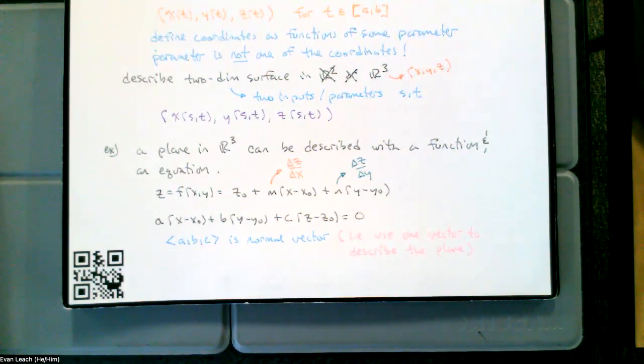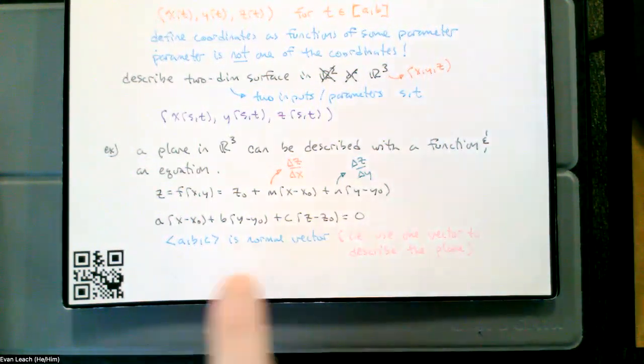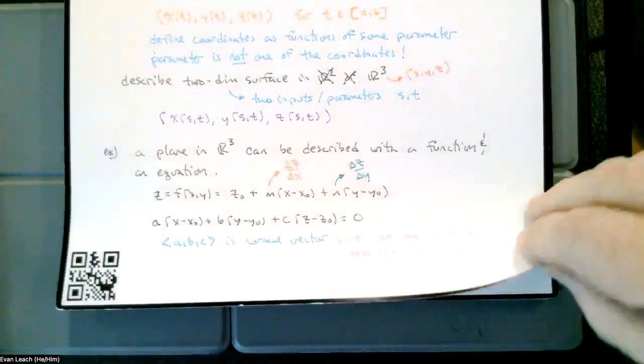Problem was, a plane is two-dimensional. So what we do is describe it with the normal vector. That's why we introduced this normal vector business. That was our justification back then.